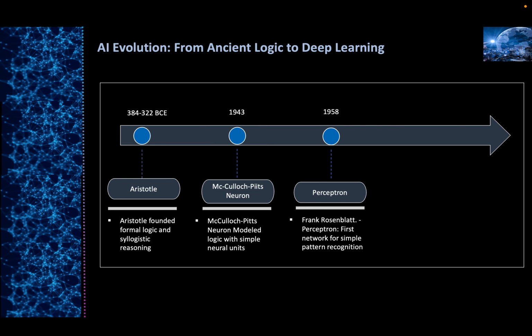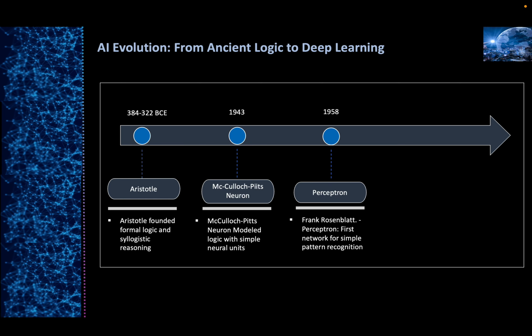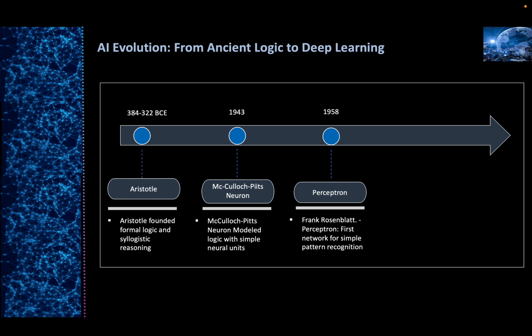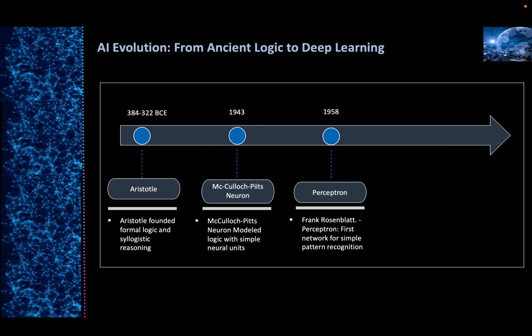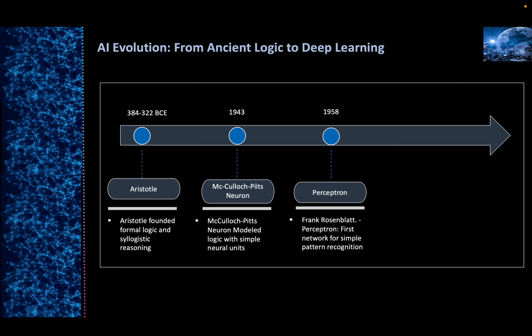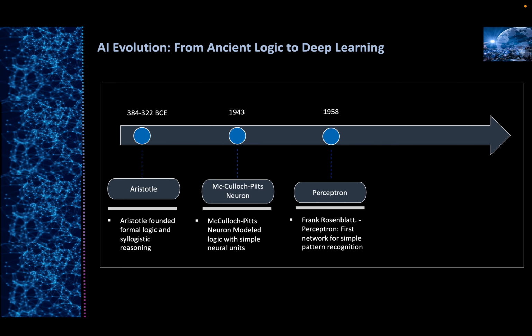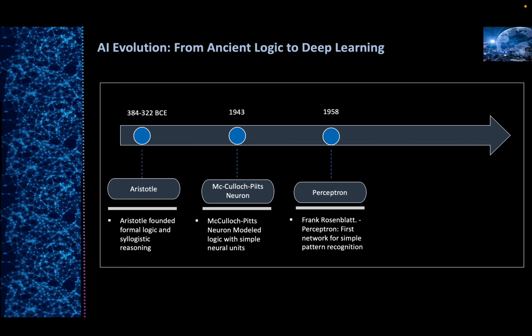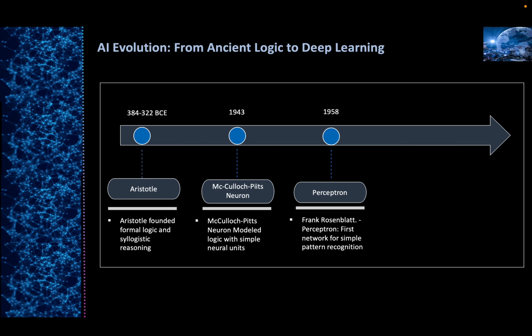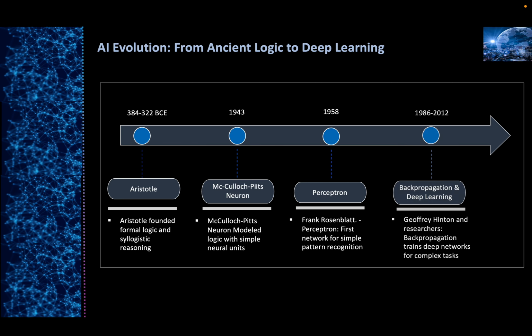And in 1958, the perceptron neuron came up. The researcher Frank Rosenblatt modified the McCulloch-Pitts neuron and made an advancement in the neural network. So, this is the foundation for the entire advanced AI models that we are seeing now.